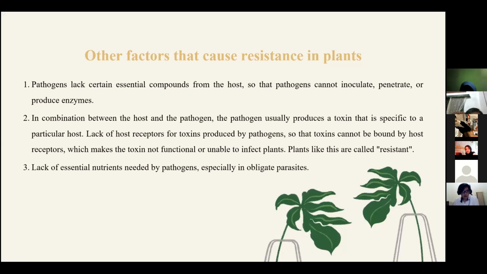Lack of host receptors for toxins produced by pathogens means the toxin cannot be bound by host receptors, which makes the toxin not functional or unable to infect plants. Plants like this are called resistant. And the last one, lack of essential nutrients needed by pathogens, especially in obligate parasites.